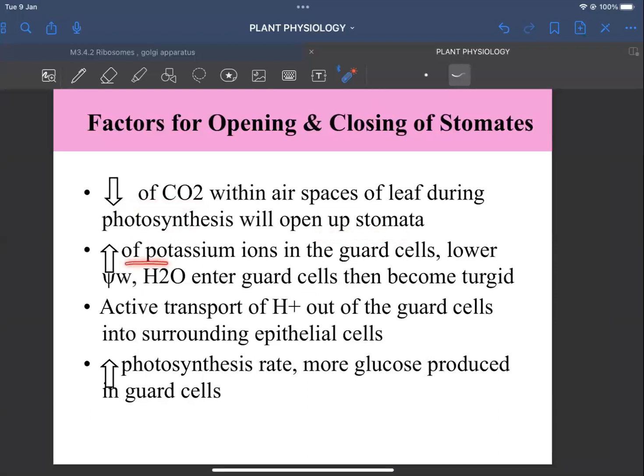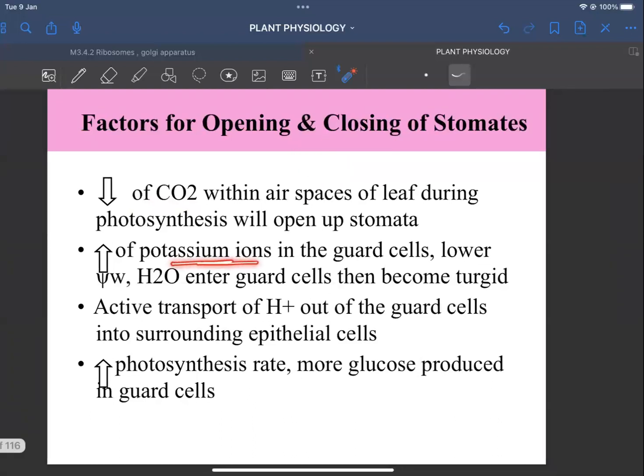When there's an increase of potassium ion in the guard cells, it's going to lower the water potential. Always remember that when the solute potential is increased, automatically the water potential will decrease. So logically, when the potassium ion is increased, you are decreasing the water potential.